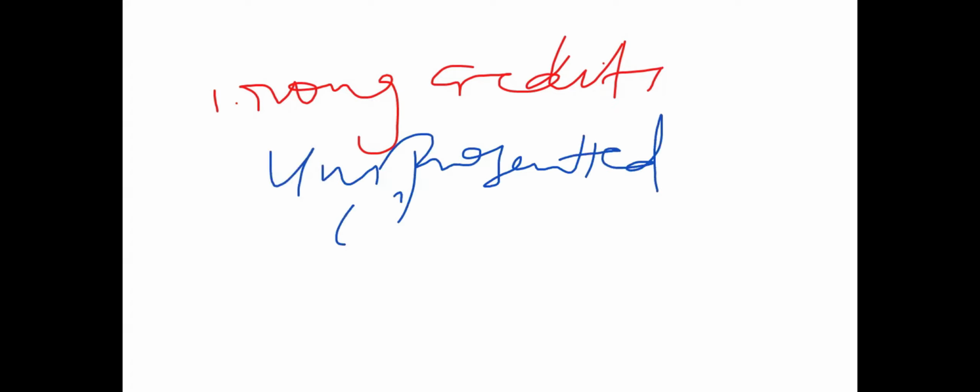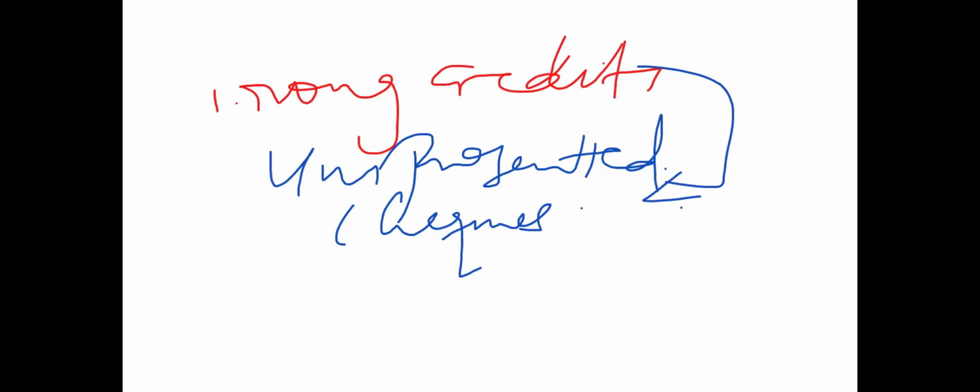So it is going to behave in the same way. Wrong credits are going to behave in the same way like unpresented checks. So the same way we treat the unpresented checks is the same way we are going to treat the wrong credits. So that's what I want you to understand from this perspective.